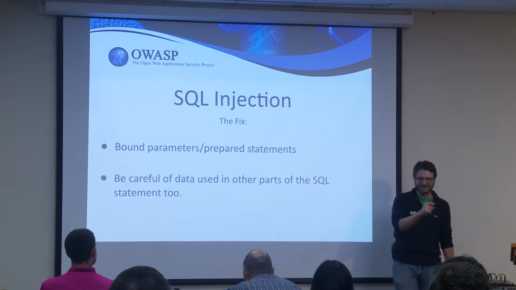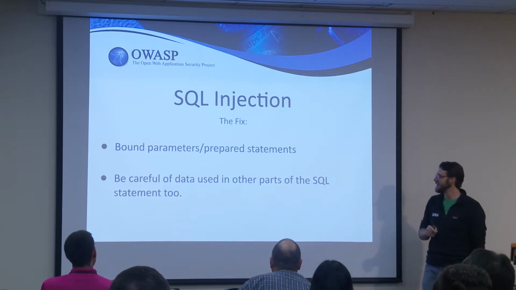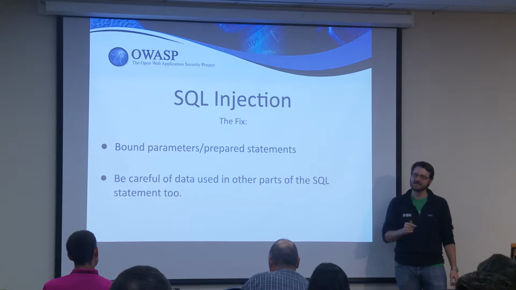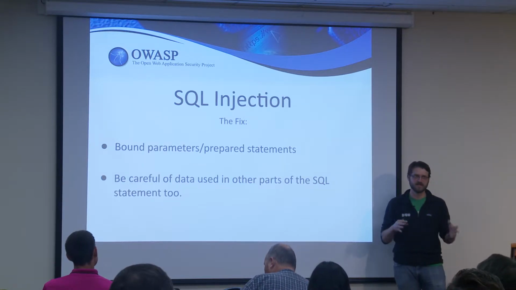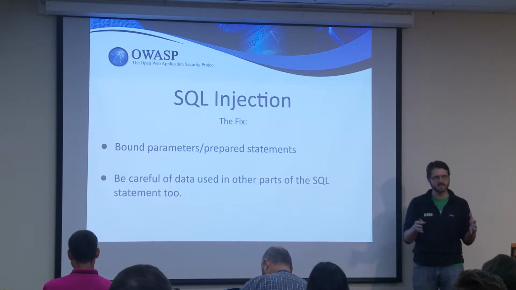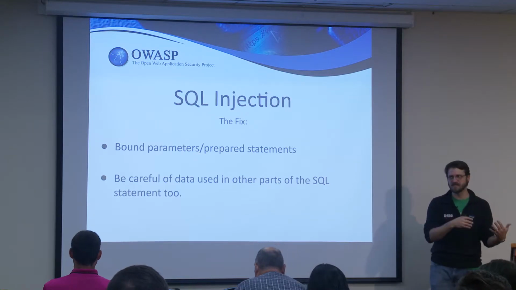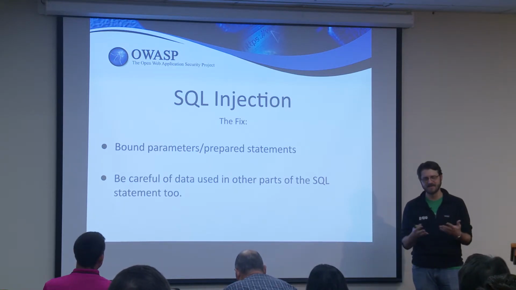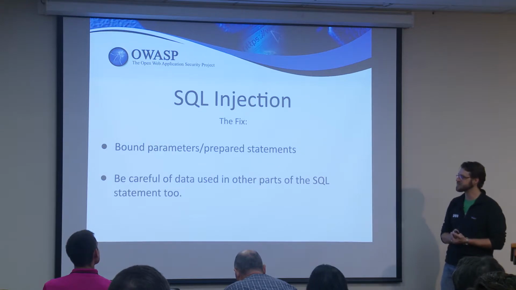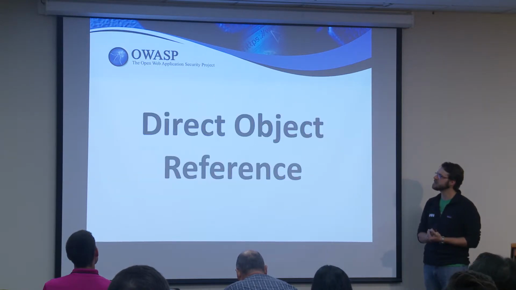You know your table names. You should be able to specify those. I have seen, they're very seldom, but I have seen a couple of more management type applications that use user input for table names because they want it to be flexible, but that's just basically asking for trouble. So just be careful of that.